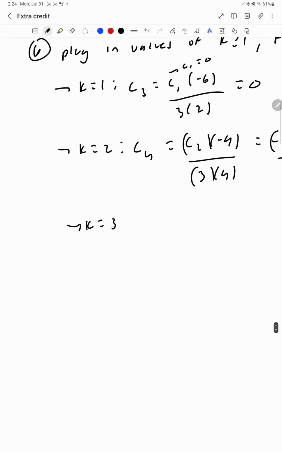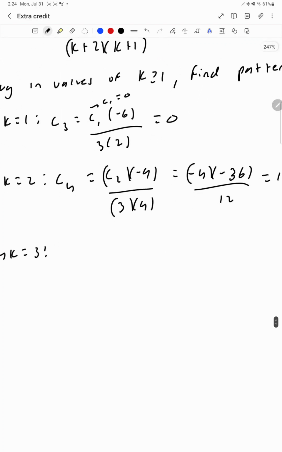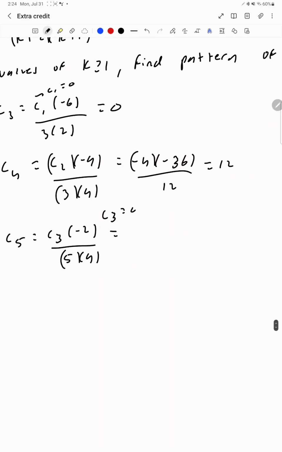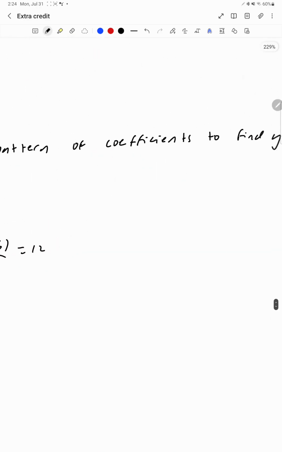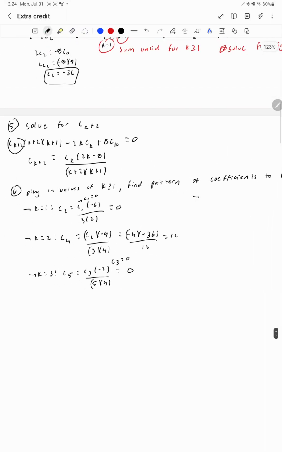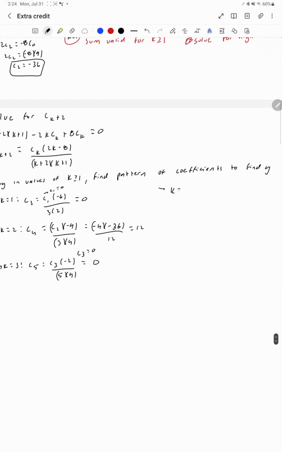And we're going to plug in k equals 3. We haven't really found a pattern yet, so we're just going to keep going. c3 times negative 2 over 5 times 4, and because c3 equals 0, that just equals 0. Next we're going to plug in k equals 4.